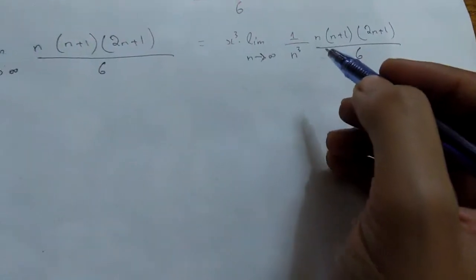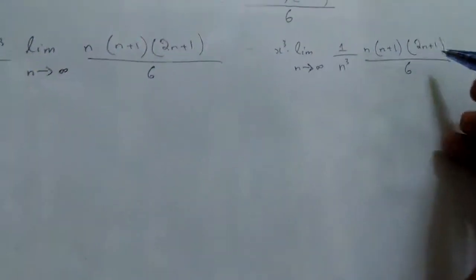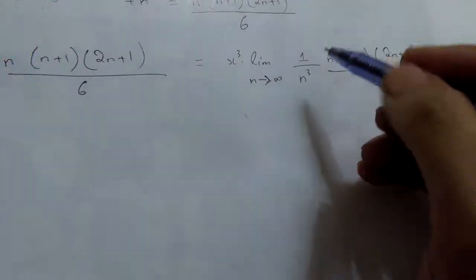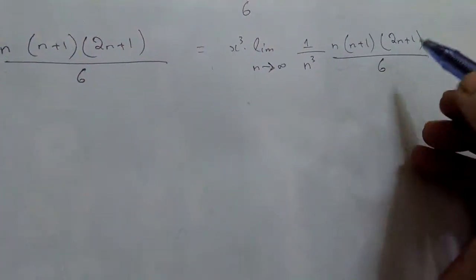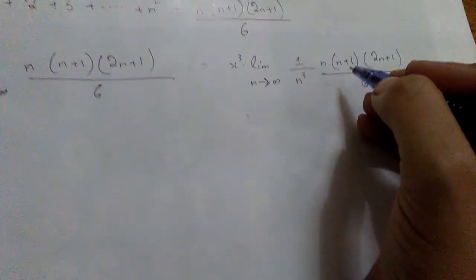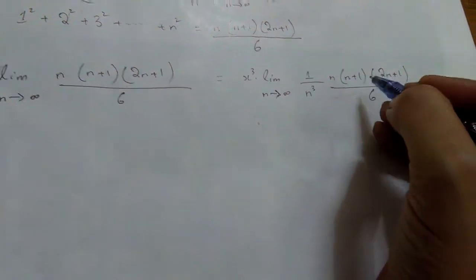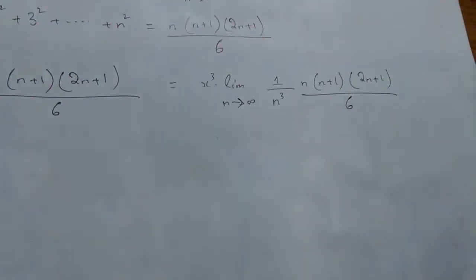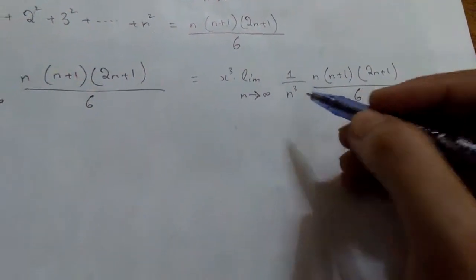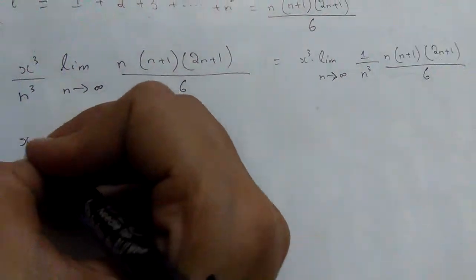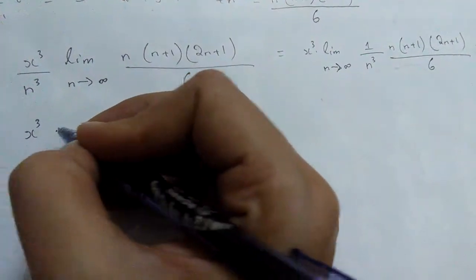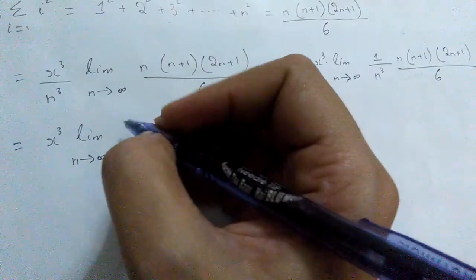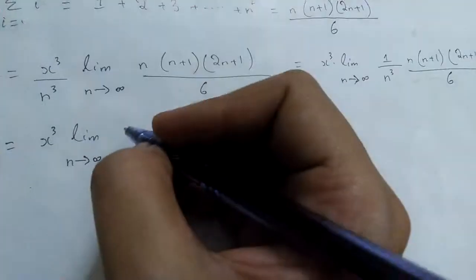All right, so now let us try to handle this thing with respect to the powers. If we directly apply the limit, it is going to cause confusion here. So if we just multiply these three factors in the numerator, then it is going to help out.